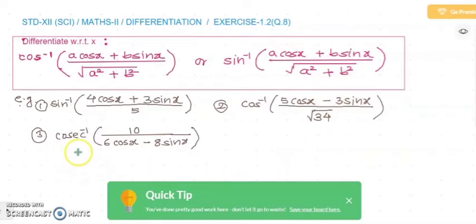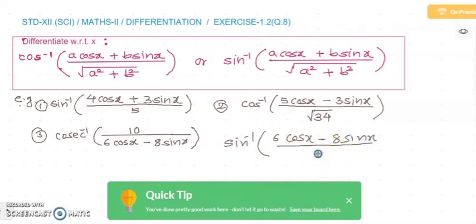In the last example you can see cosec inverse. Now a slight arrangement is required. Cosec inverse of a upon b in general is written as sin inverse of b upon a. So I may write this as sin inverse of (6 cos x minus 8 sin x) divided by 10.